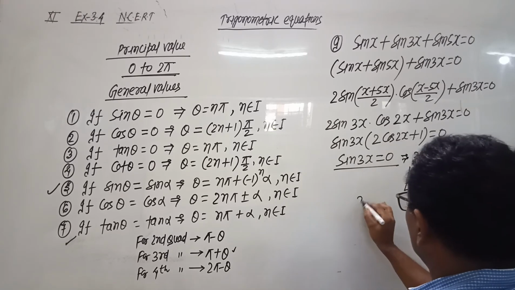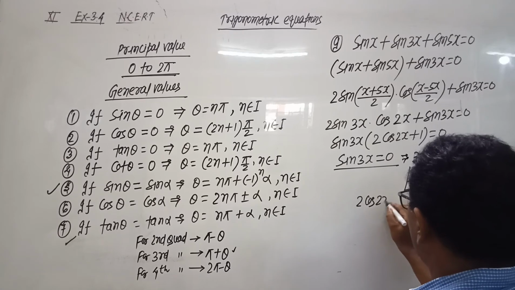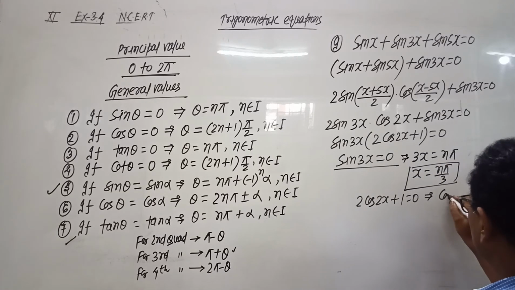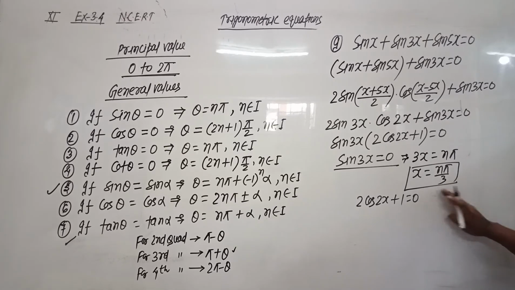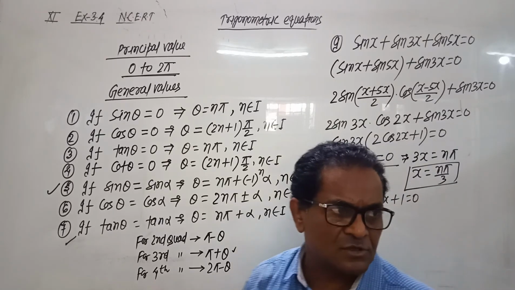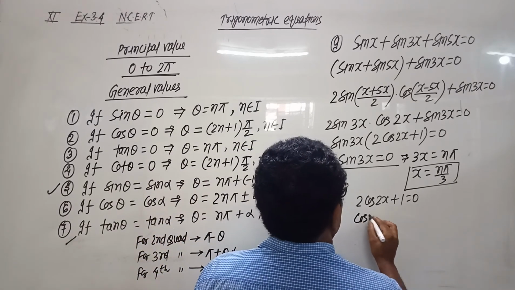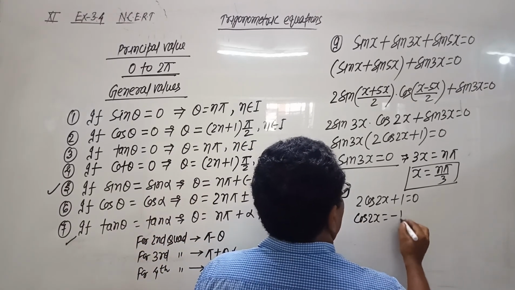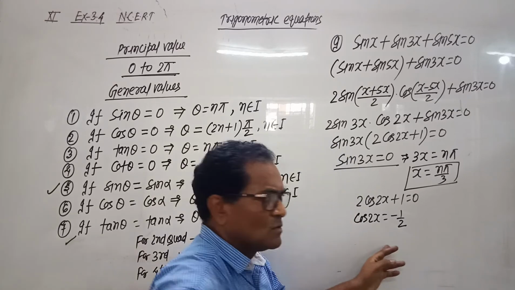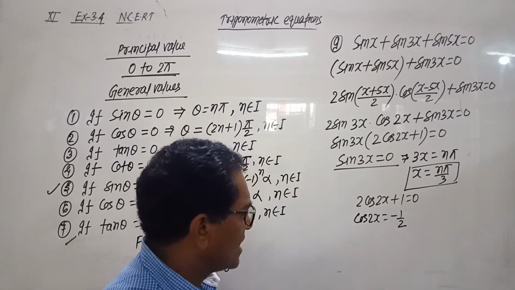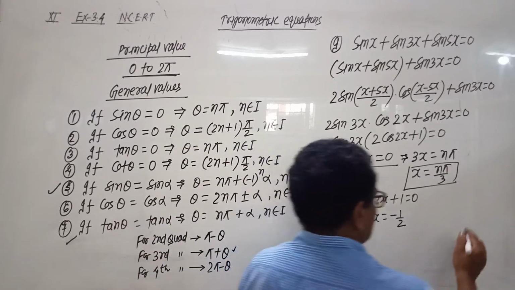Then for 2 cos 2x plus 1 equals 0, the value of cos 2x equals minus 1 by 2. Now cos is negative in the second quadrant and in the third quadrant.